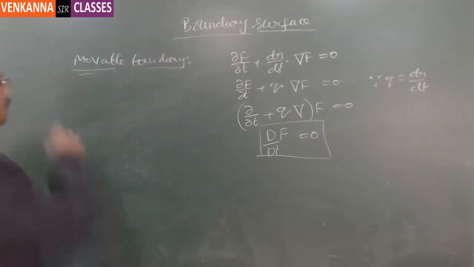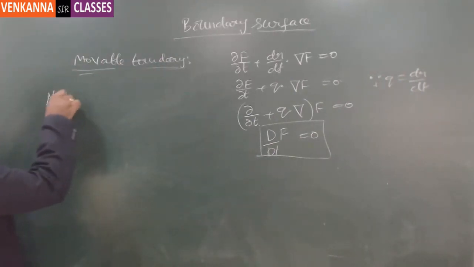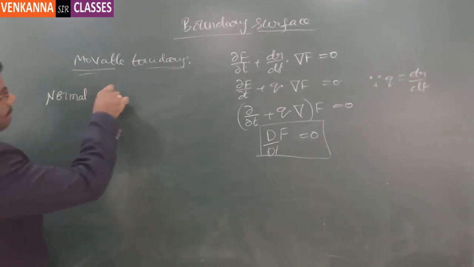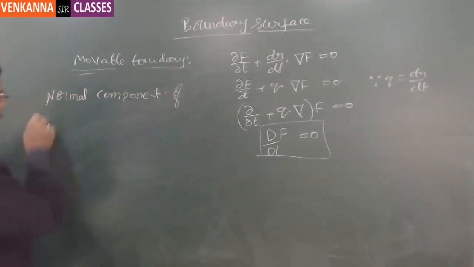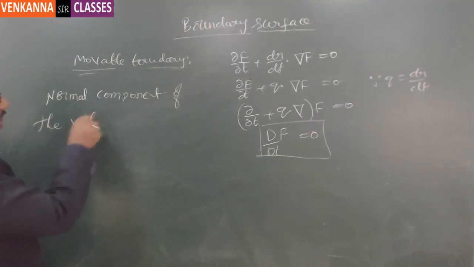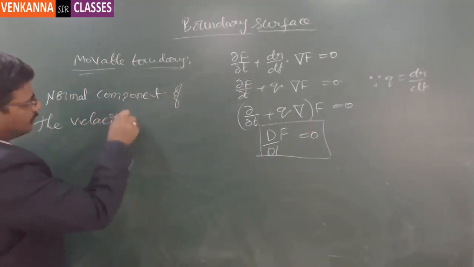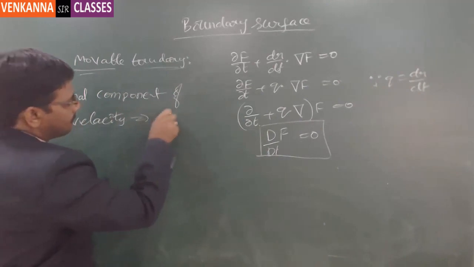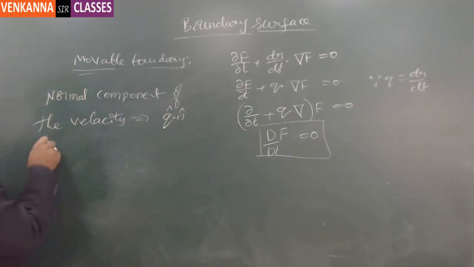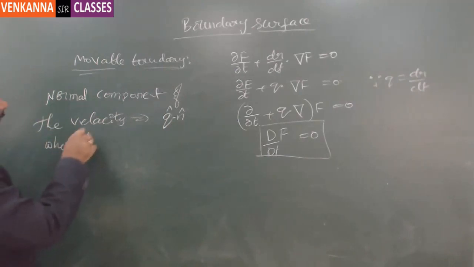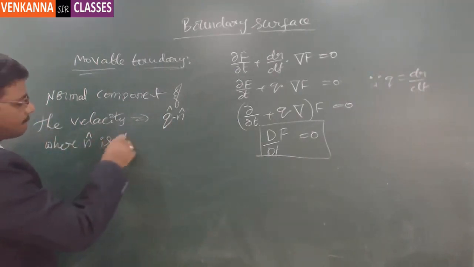So the normal component of the velocity is nothing but q dot n, where n cap is the unit normal vector.